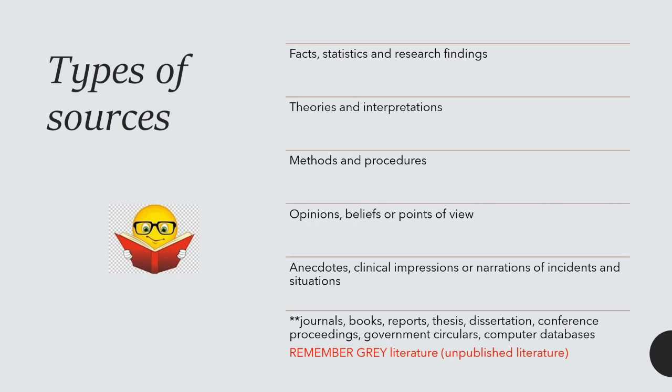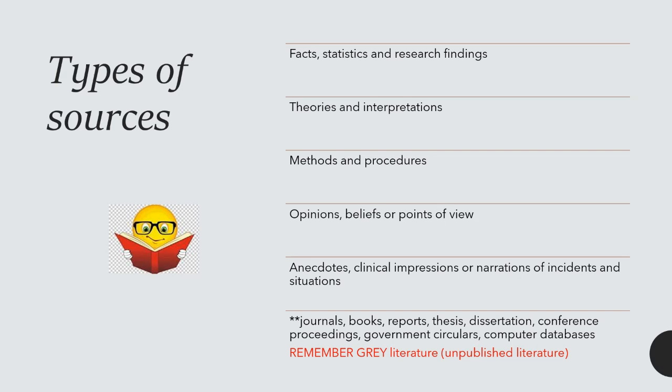Then also anecdotes, people that have told you stories, clinical impressions, or narrations of incidents and situations. So it could have been something that was shared by a person, somebody that's an expert in the field, and maybe narrations that they gave at a conference or something like that.